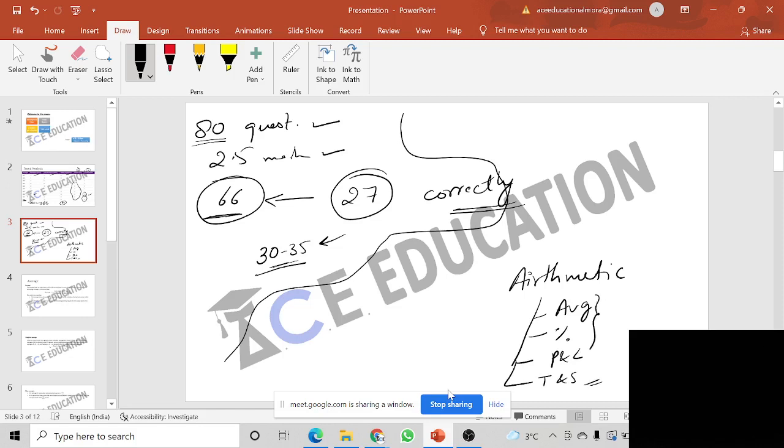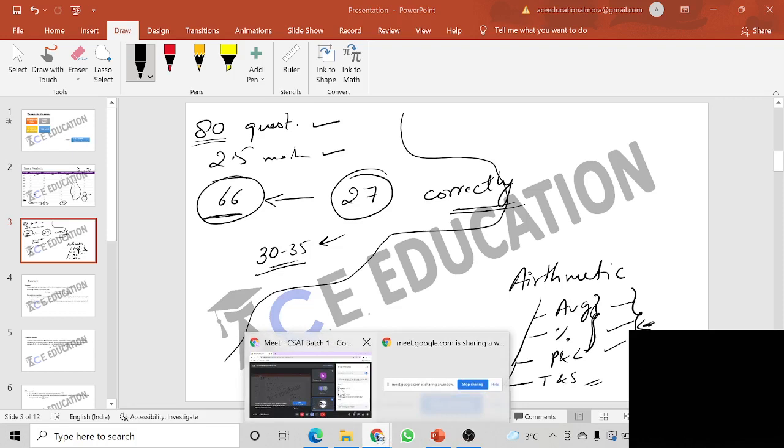But these two, three things are the ones which also comprise your data interpretation. If you're good in average, percentage, profit and loss, all the money stuff, you can easily crack data interpretation as well. So before diving into data interpretation, these are the parts where we really need to work. Everybody with me till now?